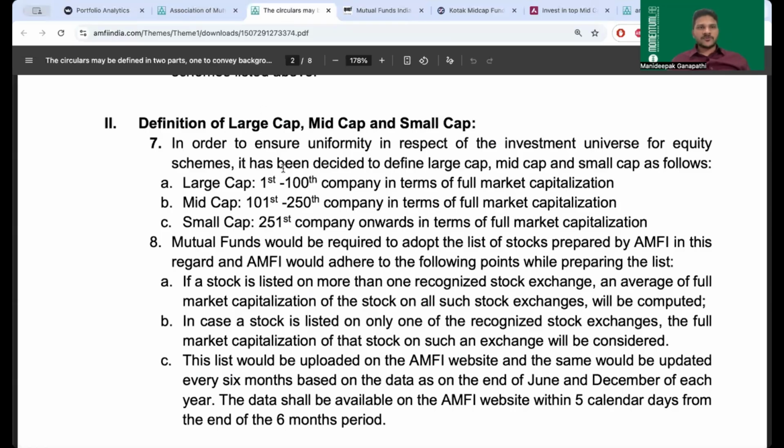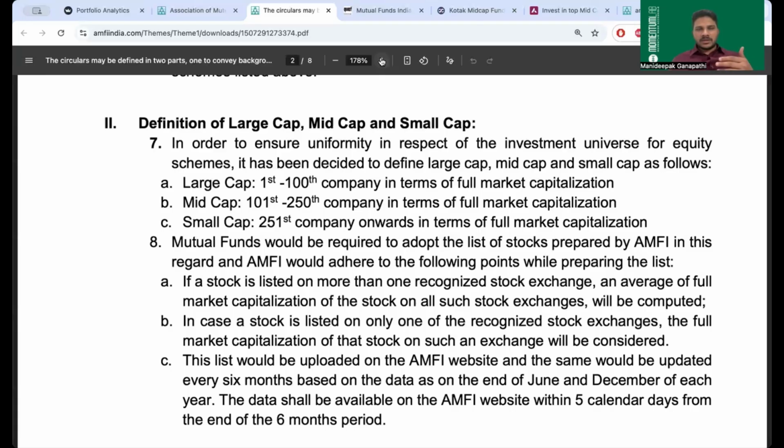This is a circular from SEBI on the definition of mid-cap funds. It starts from the 101st to the 250th company in terms of full market capitalization. So essentially, if you rank the companies by market capitalization, these companies stand between 101 and 250.